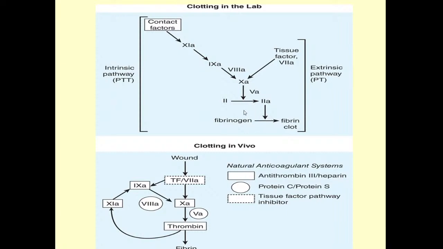But for activation of prothrombin to thrombin there should be interaction of several contact factors: 11A, 9A, 8A, tissue factor 7A, and so on. All of these activate the 10th factor, and 10th factor together with 5th activate prothrombin to be transformed into thrombin.